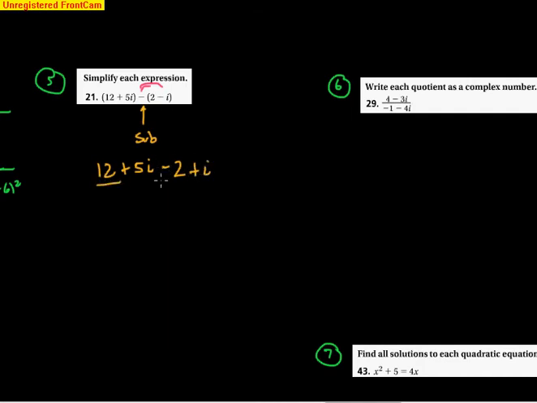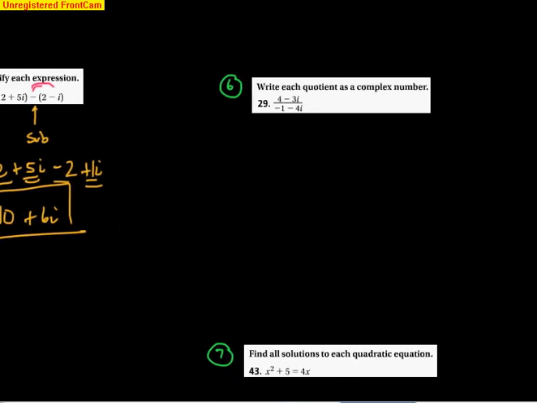And now we combine the real with the real. 12 minus 2 is 10. And the imaginary positive 5 with the imaginary positive 1i. 5 and 1 is 6i. So again, be aware of the sign in between. Do not multiply these two complex numbers together. Distribute the negative and just combine the like terms.